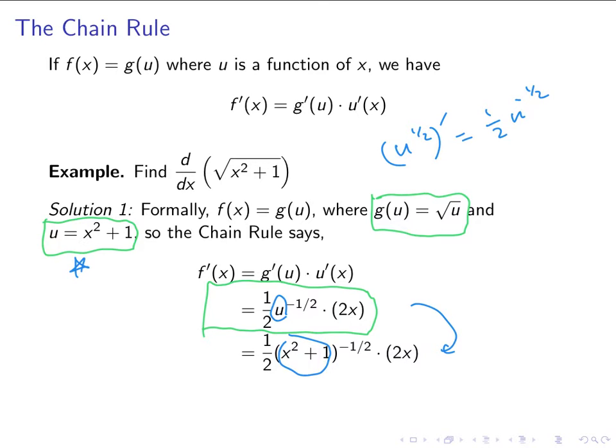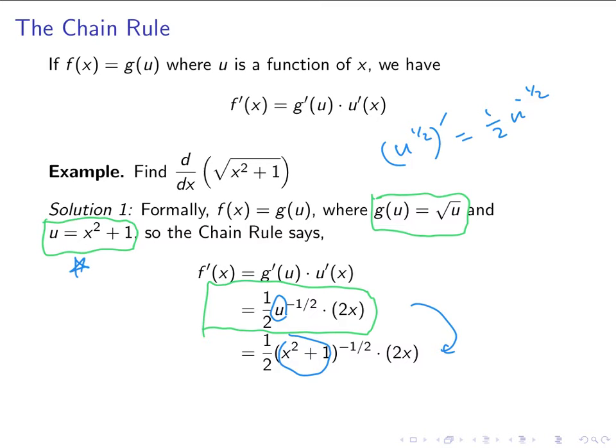So that'll always be written down. So that's the process that I can use. For a derivative problem, I can formally figure out what is my g of u and u of x. And then I know that my derivative is just g prime of u times u prime of x. And that works in general.